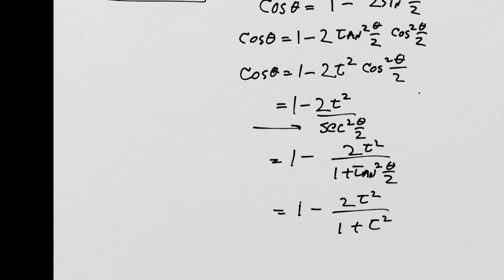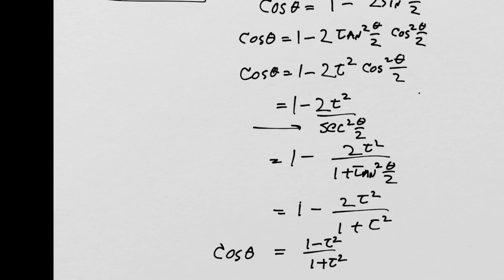And then it's obvious we take this 1 and write it as 1 plus t squared over 1 plus t squared, and combine the two, put it all over a common denominator, and you get 1 minus t squared over 1 plus t squared. Okay, and that's what cosine theta equals.